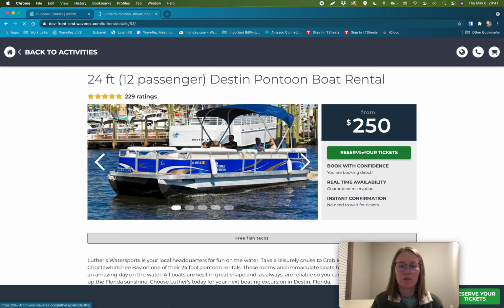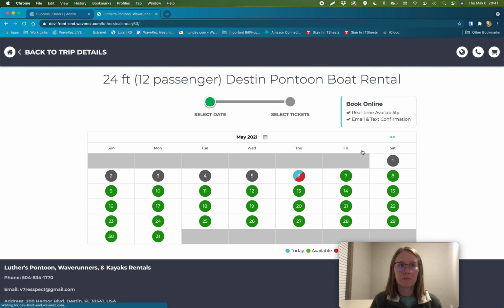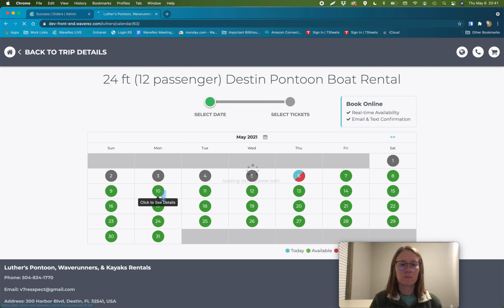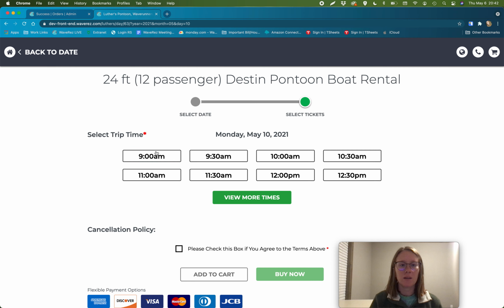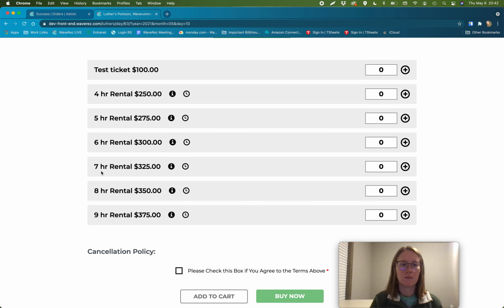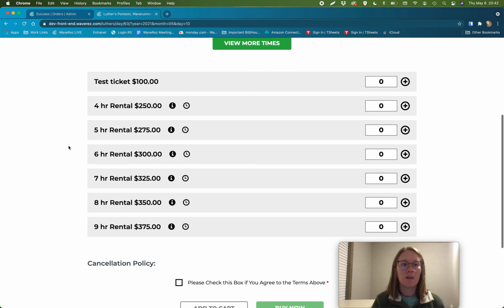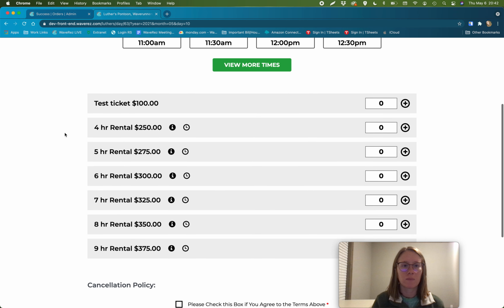So we're going to go over to the 10th. We made it for 9 a.m., but it should run for any times as well. Right now the 4-hour rental is showing a starting price of $250.